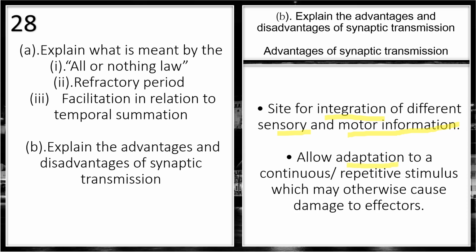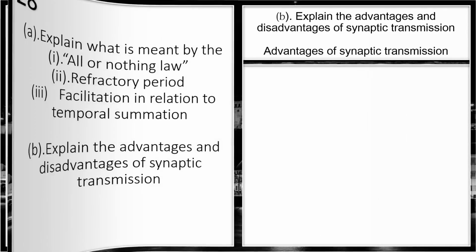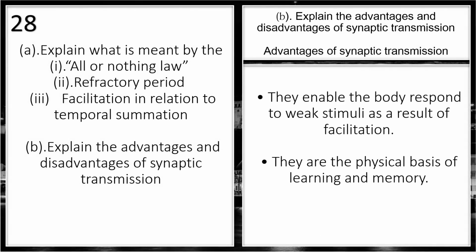They allow adaptation to a continuous and repetitive stimulus, which may otherwise cause damage to effectors. They enable the body to respond to weak stimuli as a result of facilitation.